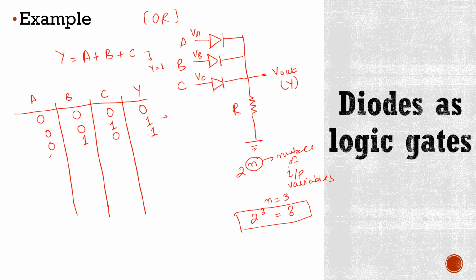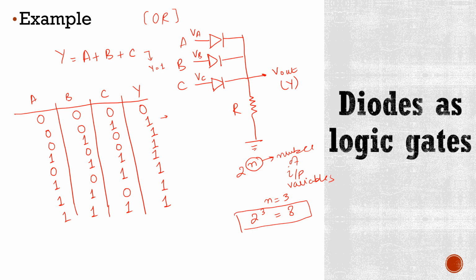If input A is on, B is off, C is off, then output is again on. If inputs C and B are on, A is off, then output is on. If inputs A and C are on, B is off, then output is on. And if inputs A and B are on and C is off, then again output is on. And if all these inputs are on, again output is on.